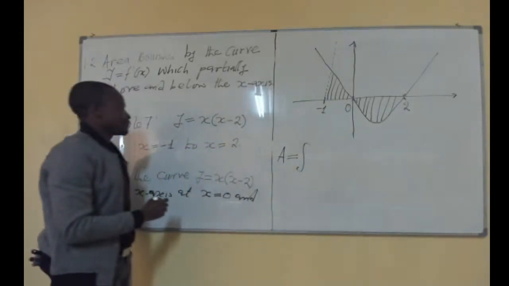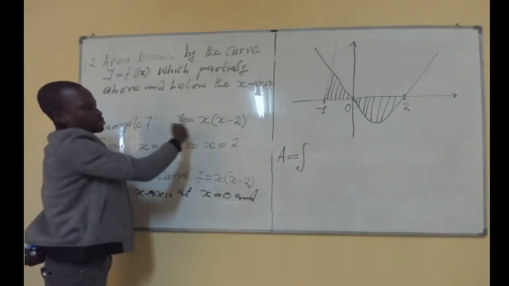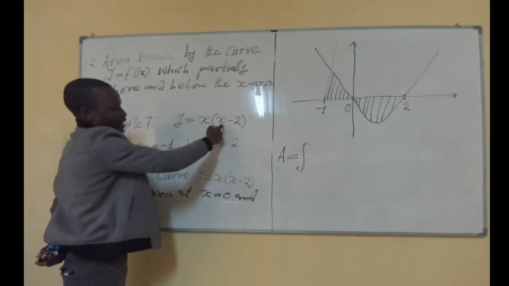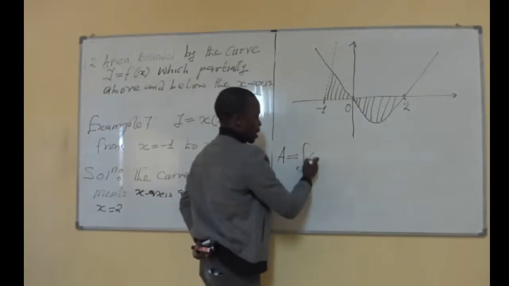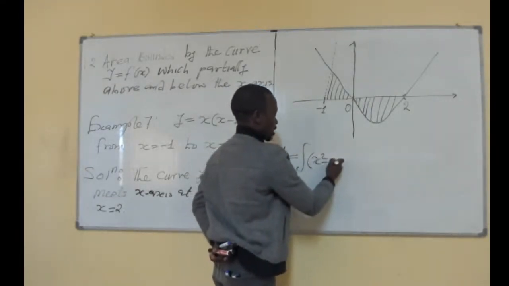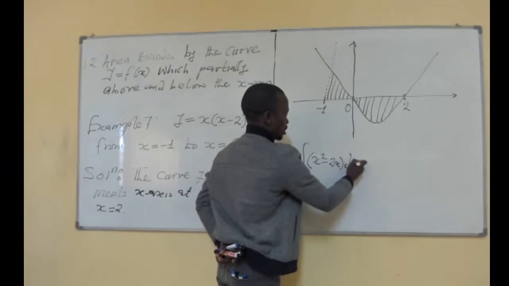Now, our function f of x is x multiplied by x minus 2, which is the same as x squared minus 2x dx.